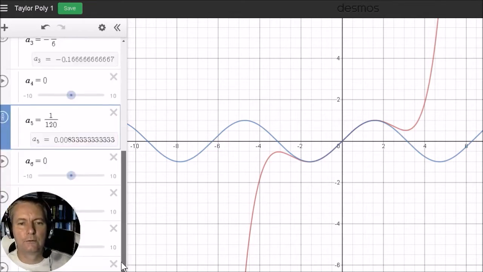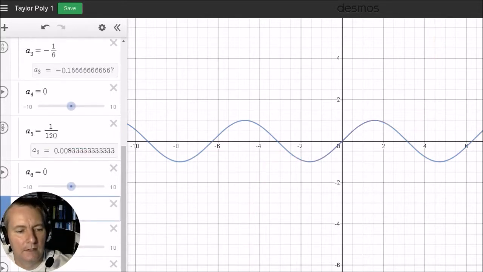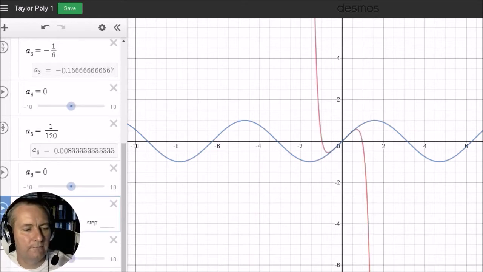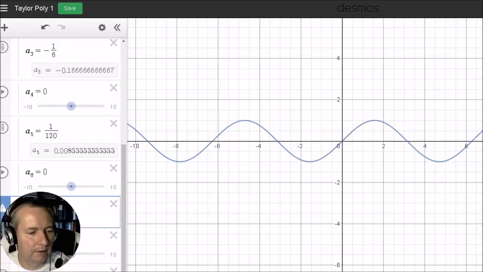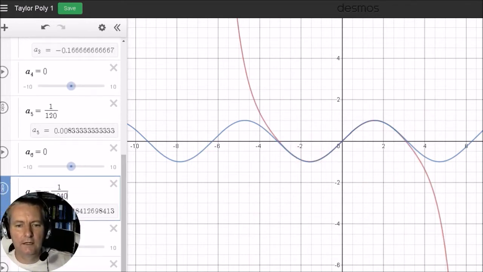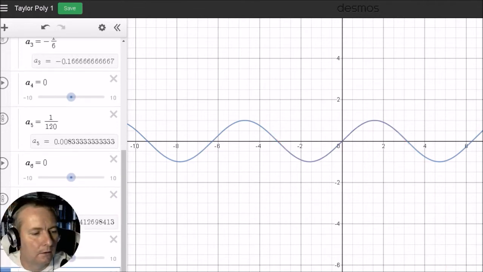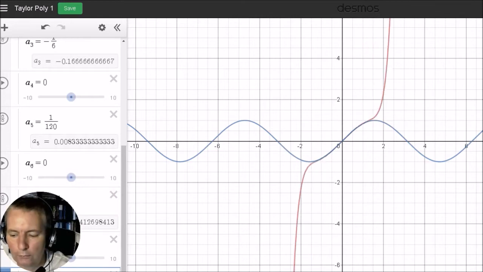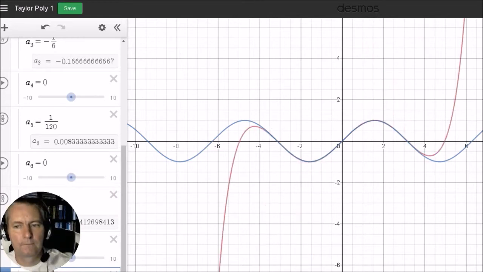The next value is going to be 0, and the next value is going to be minus 1 upon 7 factorial. 7 factorial is 5040, and then you can see the approximation. The 8th one is 0, and the 9th one is going to be equal to 1 upon 9 factorial. 9 factorial is 362880, and there you see our approximation now.